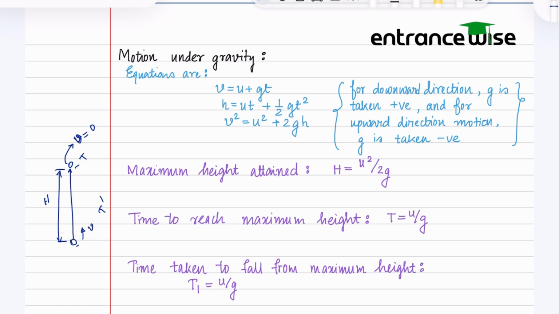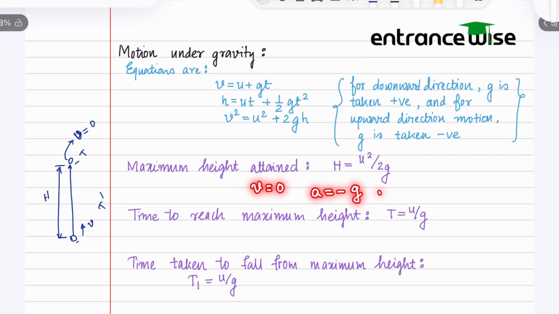So, from the equation v square equal to u square plus 2gh, we can write v equal to 0, a equal to minus g. So, we have 0 equal to u square minus 2gh, and from that we will get this equation.